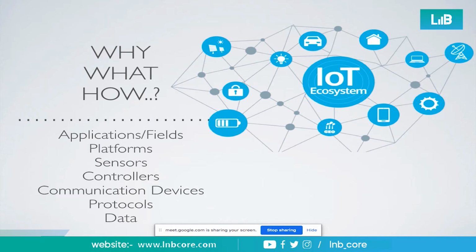So we have the foundation of this IoT ecosystem with 3 major engineering branches: electrical, electronics, as well as CSE. I hope this FDP is with these three departments only, right? So this is where IoT has taken place from the engineering side.